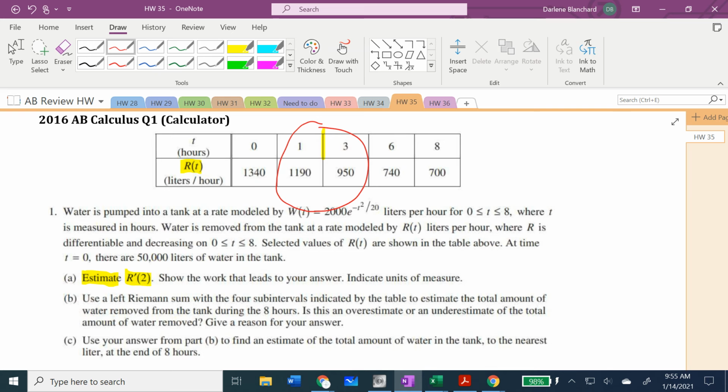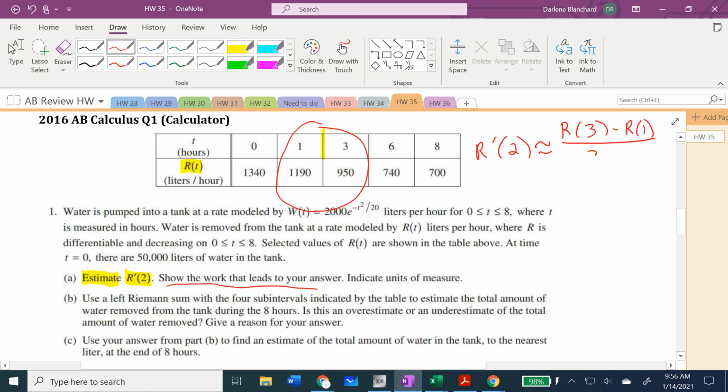And the 3 slopes would be the 2 surrounding points, or its data point with one of its 2 closest data points. So, when it says show the work that leads to your answer, they want to see the formula you're using. So you're saying R prime of 2 is approximately R of 3 minus R of 1 over 3 minus 1.